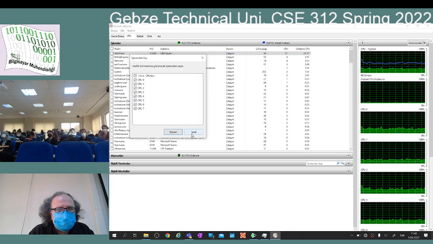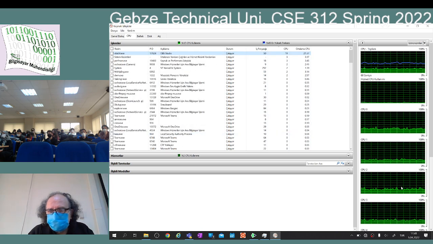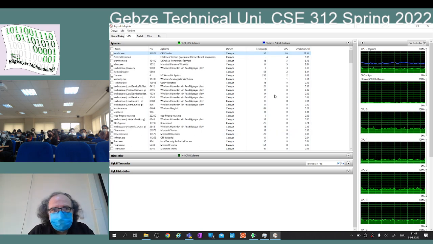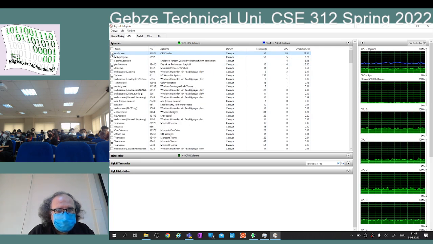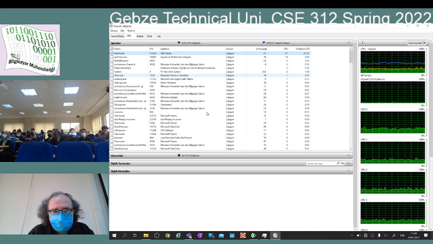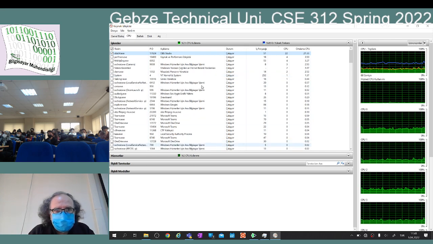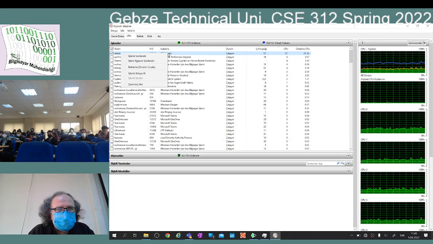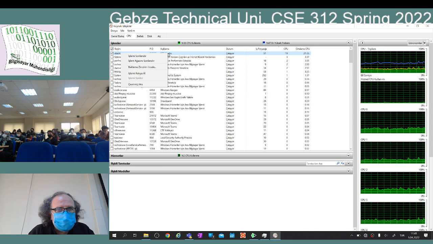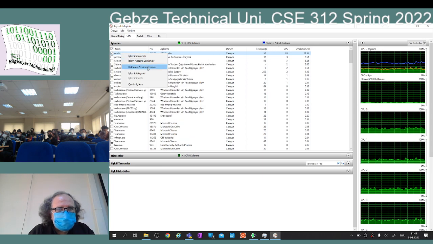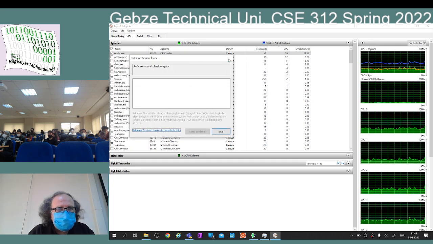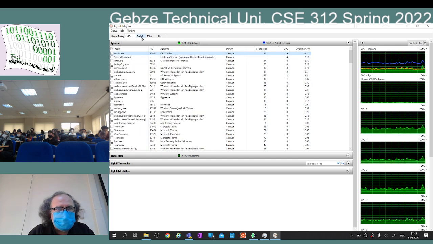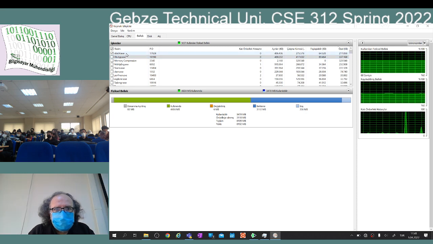These are the CPUs. It looks like I have 8 CPUs, and these are all of them. Can I do this? Click on it, and then what? Right click. I couldn't find it again. Maybe do it this way.